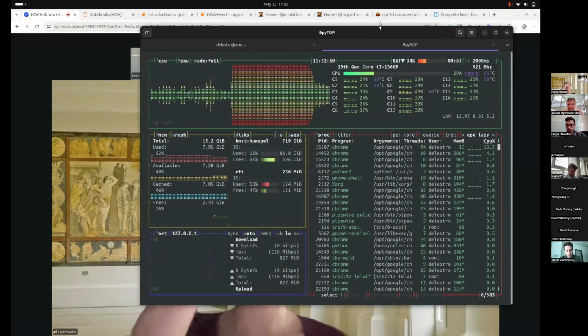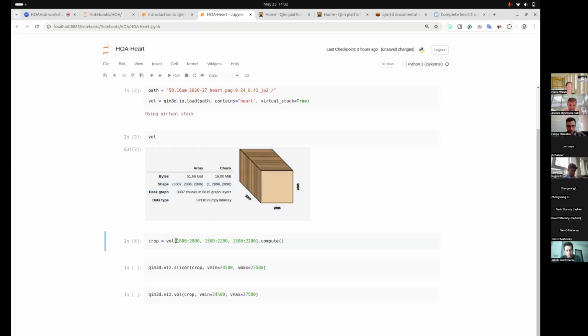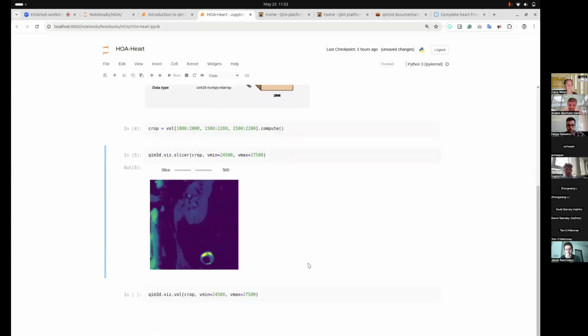So I think it's finishing. Let's go back to the notebook. So I see that I have a cropped region. Then I can call the slicer in this notebook, and here we have the region that we now loaded to memory.